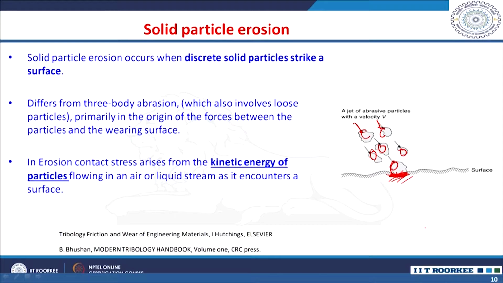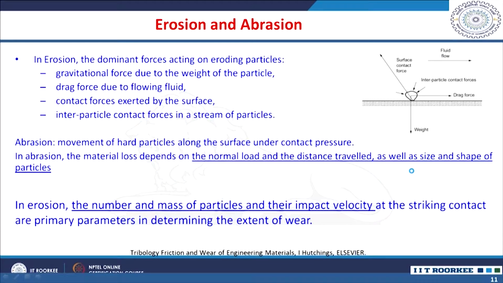Basically, in erosion, contact stresses arise mainly from the kinetic energy of the particles, because they are coming with a high velocity and they have certain mass. So, this is the kinetic energy of particles flowing in air or a liquid stream as it encounters the surface. So, you will have a material removal, right. This material removal is erosive wear. So, basically the kinetic energy of the particles contributes to the wear, right.